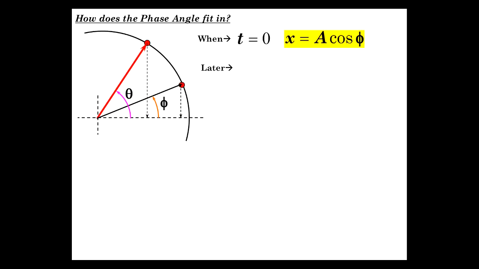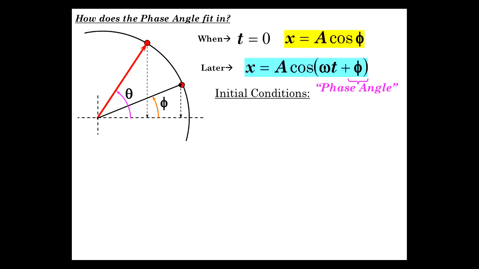Later on, it's right here. So then x is equal to A cosine of omega t plus phi. So you're combining those two angles, essentially, and coming up with our location x. Now, phi is called the phase angle, as already mentioned.